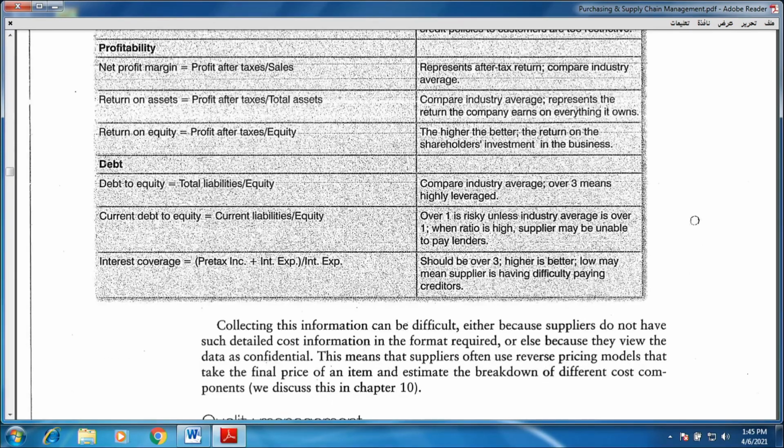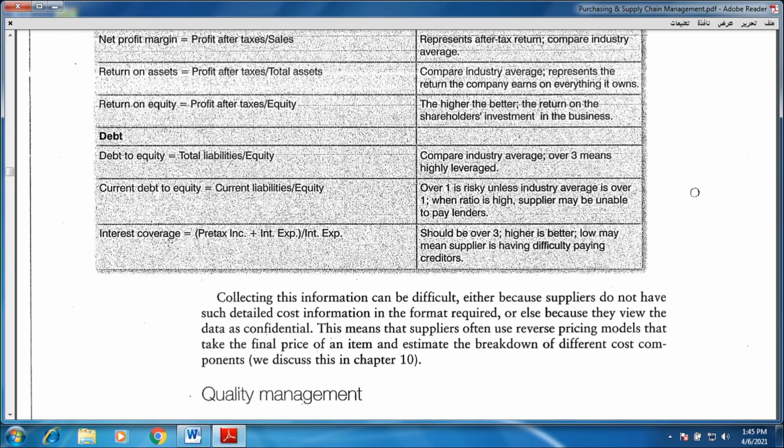When we say debt ratios, the fourth group talks about the percentage of debt that the company is facing. Debt to equity means debt divided by equity. Current debt to equity means current debt divided by equity. Fixed or long-term debt to equity means long-term debt divided by equity. It's a very simple equation. Interest coverage means how many times our earnings or our profit can cover our interest.